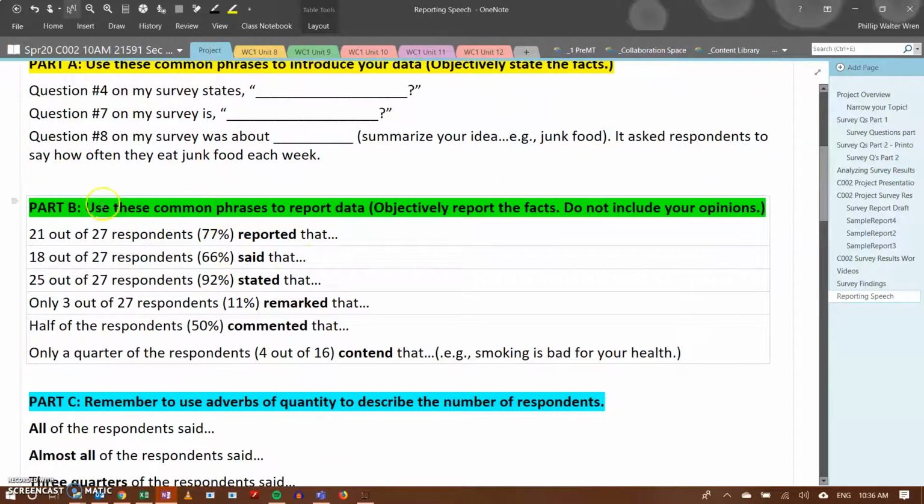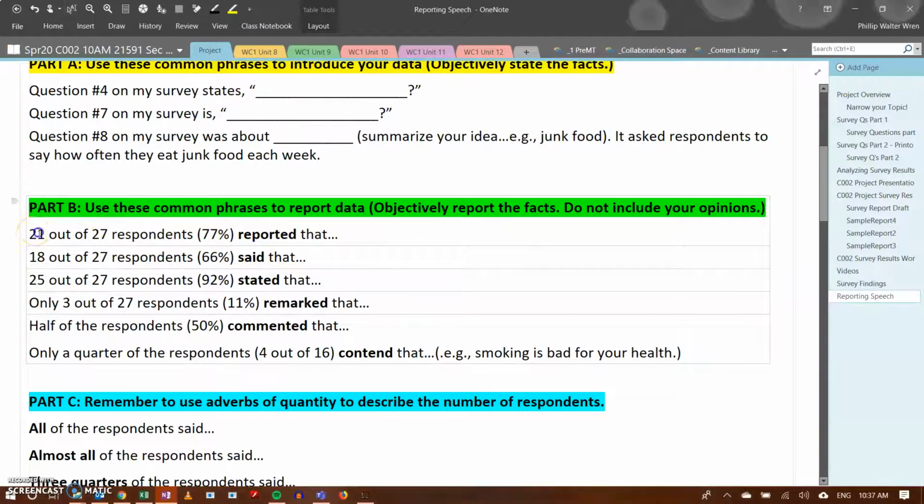Part B. These are some common phrases to report data. Objectively report facts. This is not including your opinions. Do not include your opinions with this. This is where you tell me what respondents answered. 21 out of 27 respondents reported that.